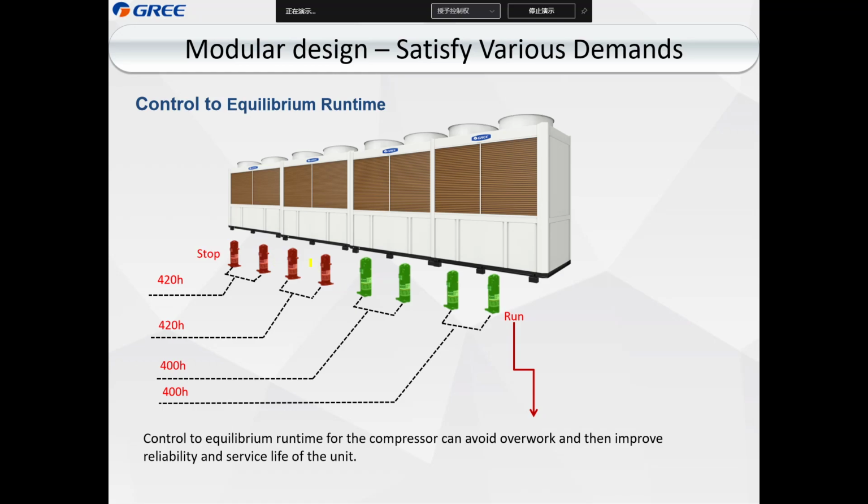Maybe this time the number one module works, and next time another module works. So this control logic lets all the modules work in a balanced way. So we can extend the lifespan of the whole unit.